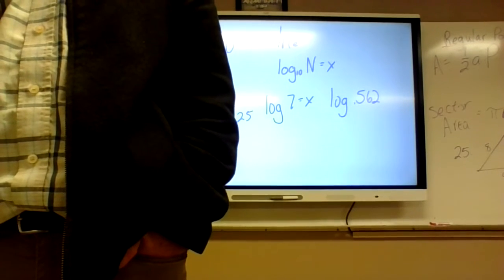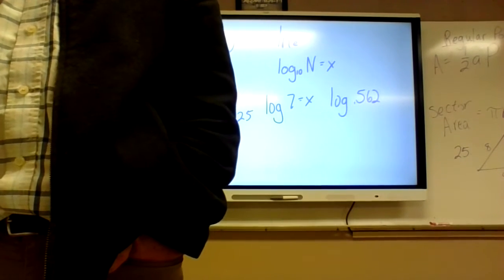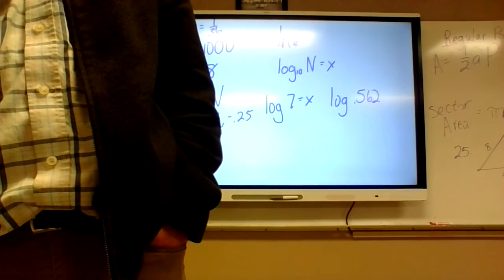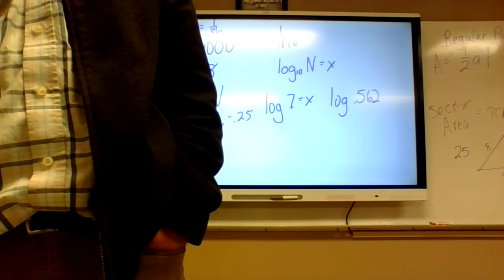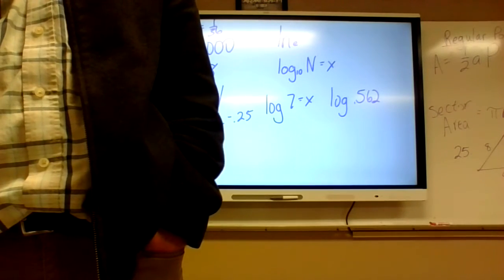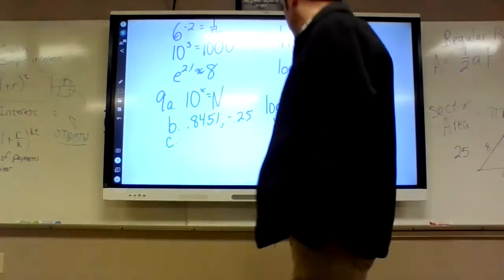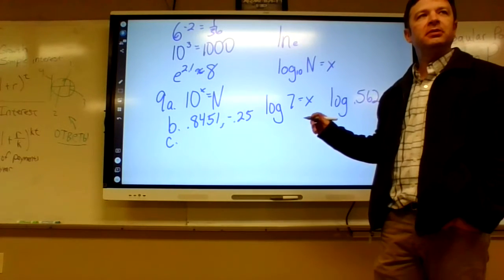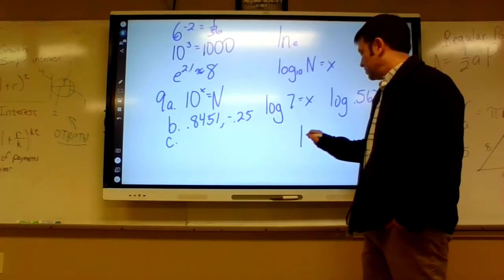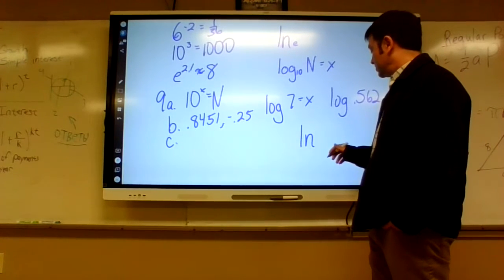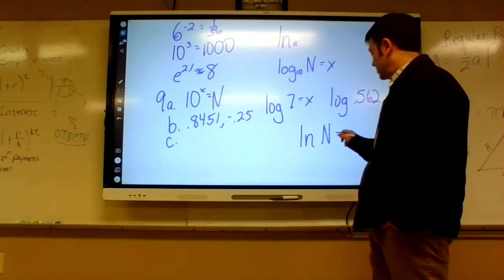So on D, wait, are we gonna see? I did part 1 and 2. C. What does it mean to say that x is the natural logarithm of n? So natural logarithm, that's the ln thing, of n equals x.